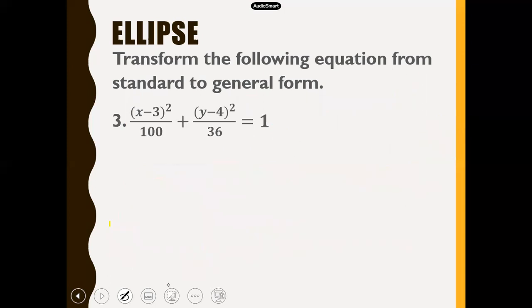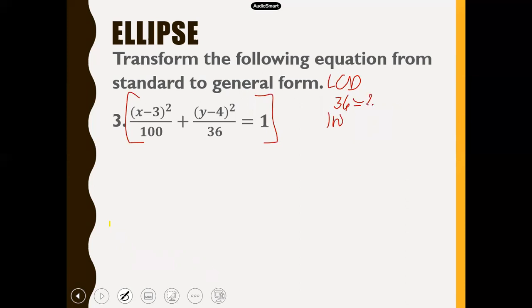Okay, let's move forward sa number 3. So for number 3, kailangan ko i-transform into the general form. Okay, so kanina we have already the LCD. Ang LCD of 36 and 100.